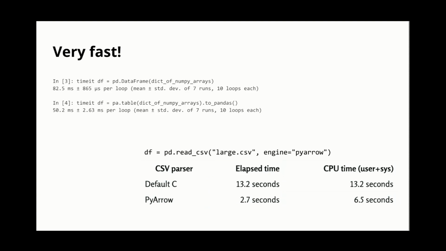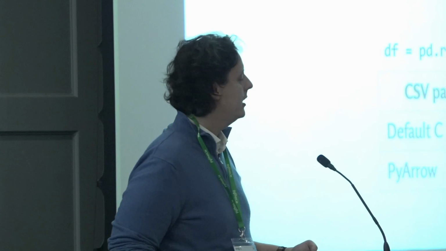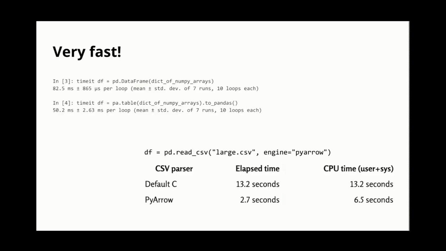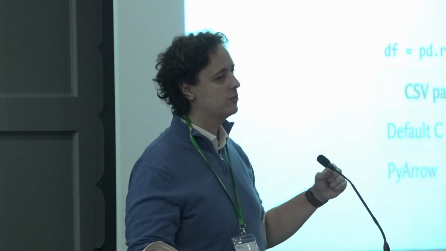And by very fast, I mean that, for example, now pandas uses Arrow itself. You can use Arrow as the underlying engine to load data in pandas. And for example, if we compare the time that it took when using the built-in data loader for pandas and the time that it takes to load the same data in Arrow and then convert it to pandas, so we are not just loading the data, we are loading it and making a pandas data frame out of it.